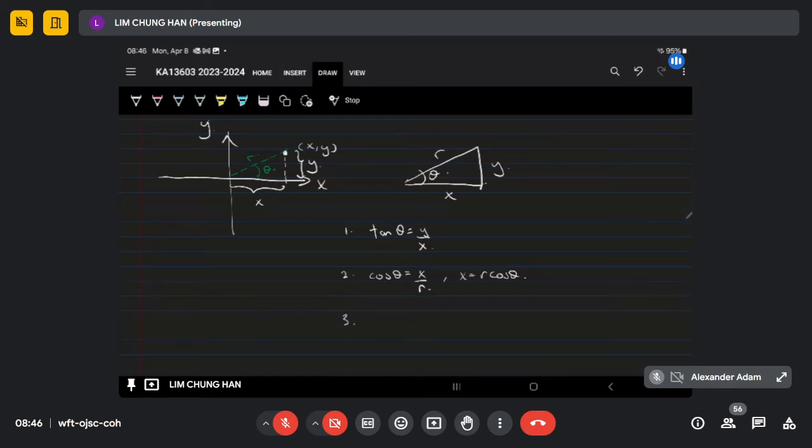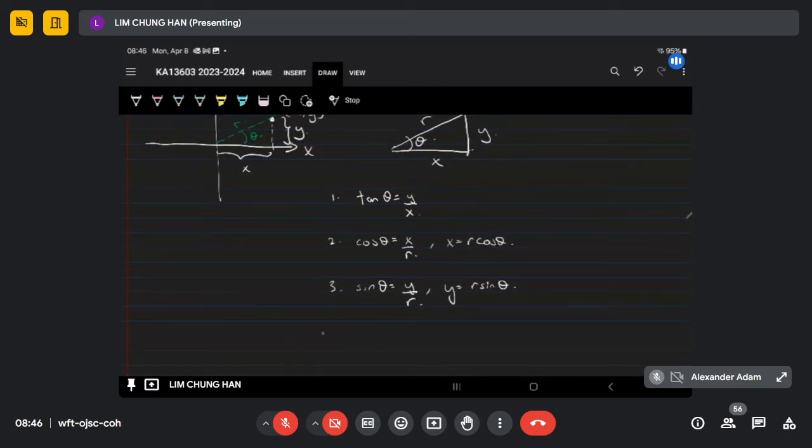Next, the third one, you can equally repeat the same for sine. Sine is y over r. You can rearrange it to get y equals r sine theta.